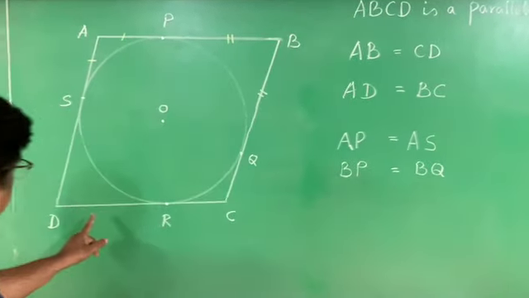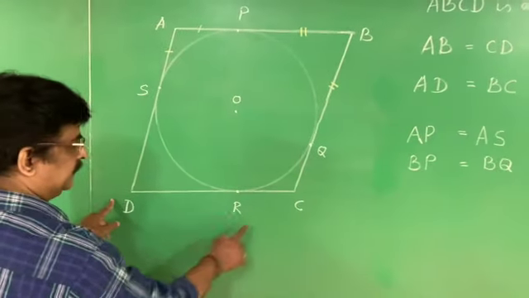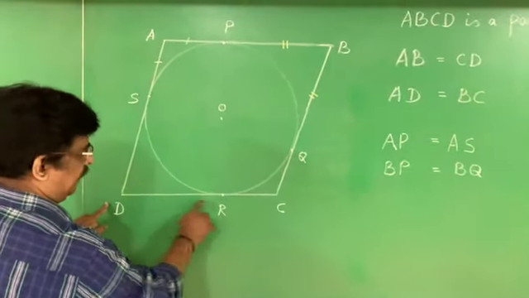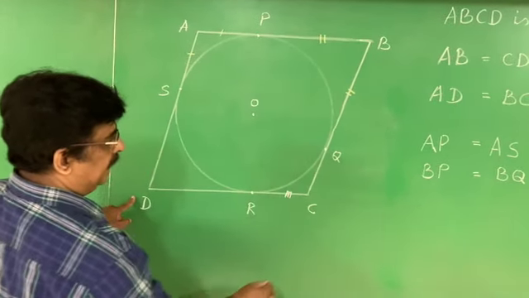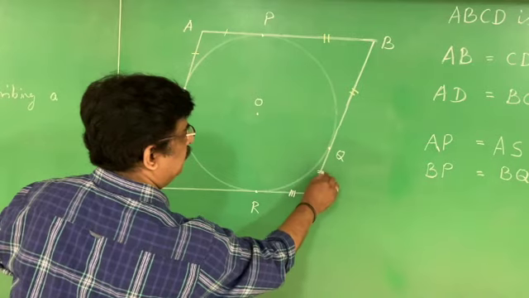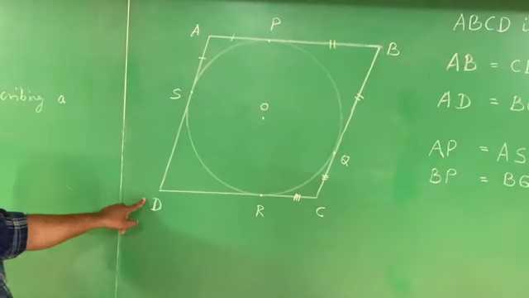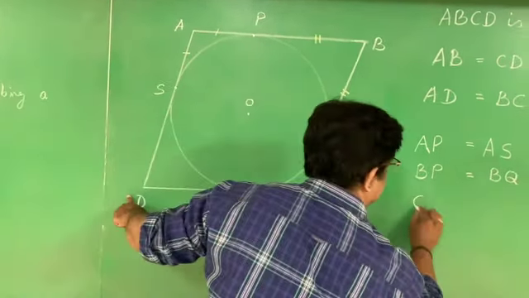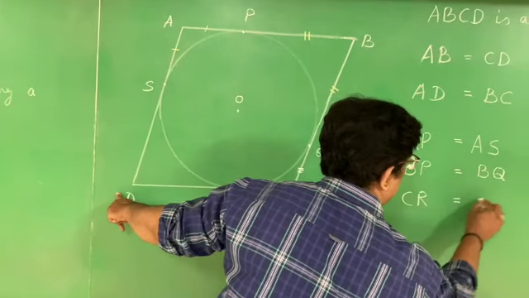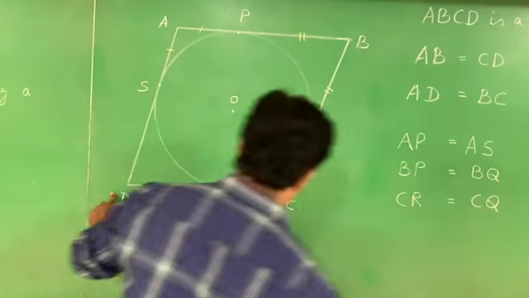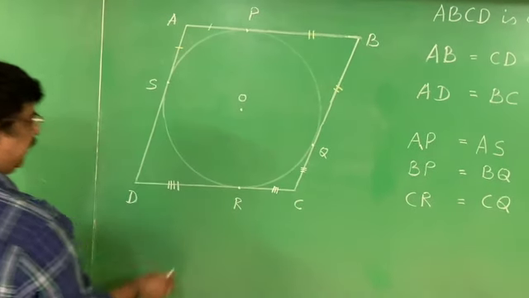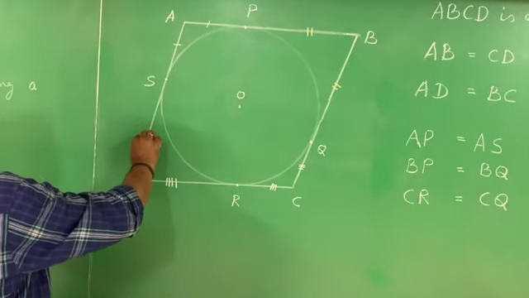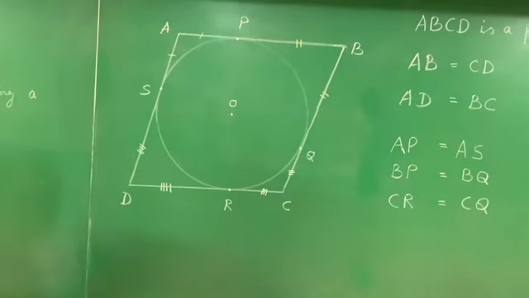CD is nothing but CR and DR. CR is equal to CQ. Same way, DR is equal to DS.